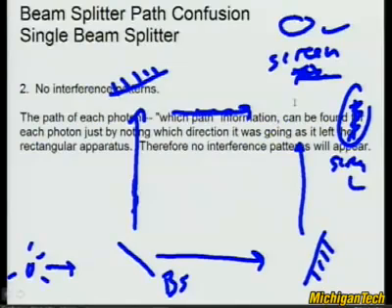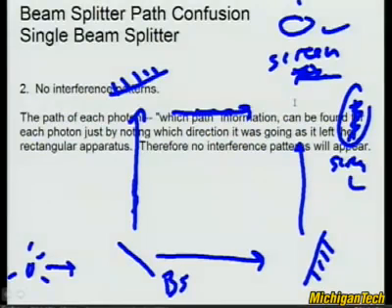So we know you get spots on both screens. If your beam splitter is tuned correctly, then half the light goes here and half the light goes there. And everybody's happy and you know which one went which path. All the light here bounced off here, came through there. All right? So let's go to the next one.